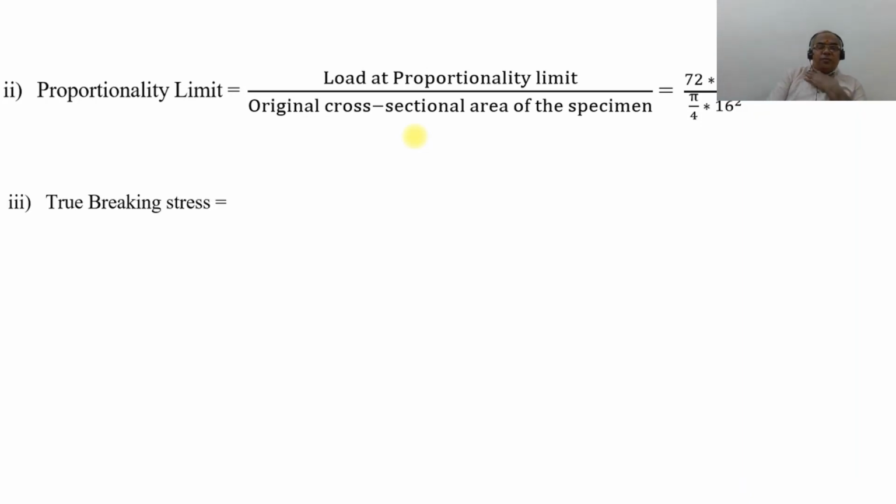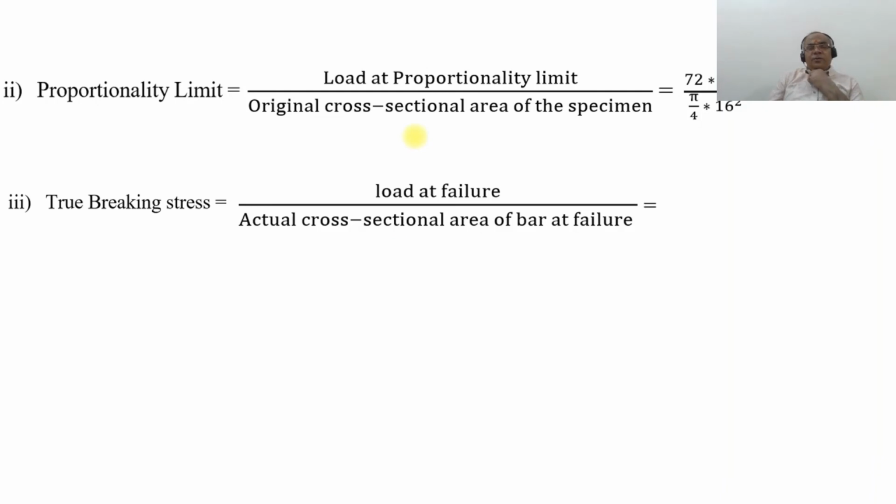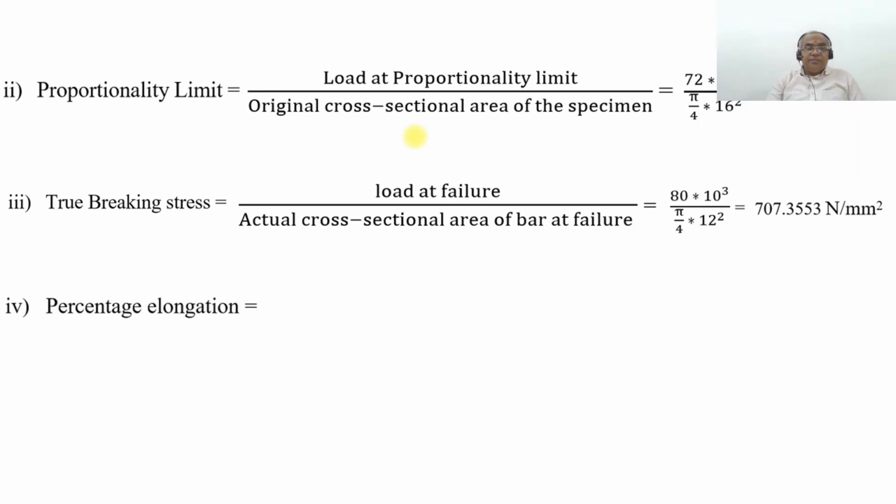Similarly, you can take the true breaking stress, which is the load at failure divided by the actual cross-sectional area of the bar at failure. The load at failure is given to be 80 into 10 to the power of 3, divided by the actual cross-sectional area at the breaking point, that is pi by 4 into 12 square. On simplification of this, you are going to get 707.3553 Newton per mm square.